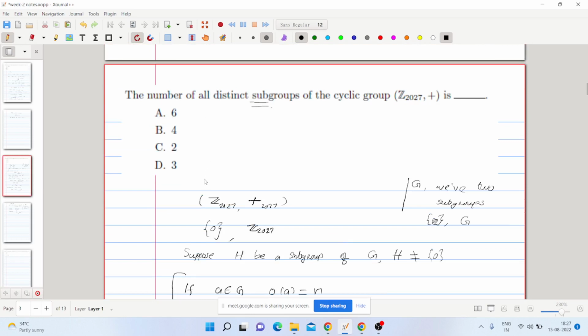Is there any non-trivial subgroup of Z 2027 other than Z 2027 itself? No, because if we start with such a non-trivial subgroup, we finally end up with this subgroup being the same as Z 2027. So we have only two distinct subgroups.